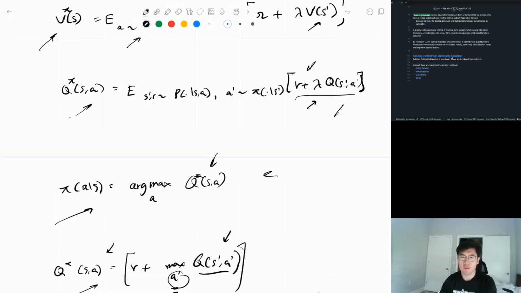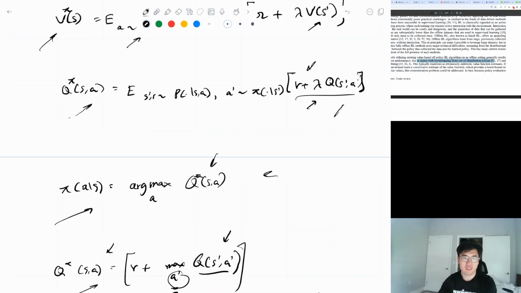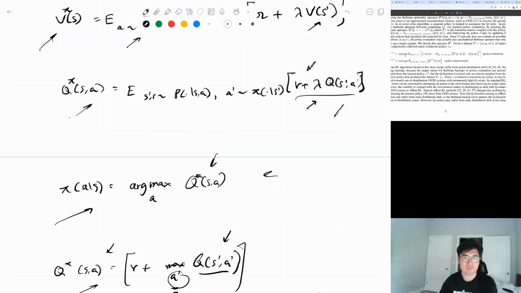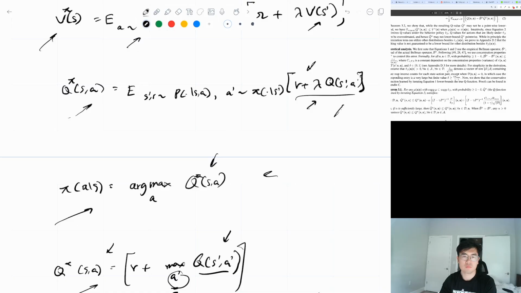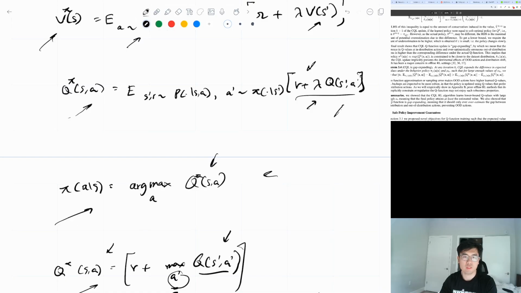Okay, that's it. We didn't even get into conservative Q-learning, but this is policy iteration basically, and have some theoretical analysis.